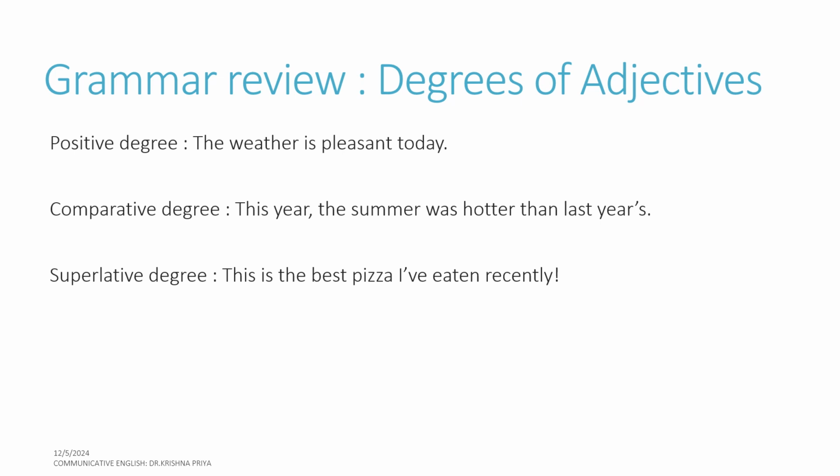A comparative degree of an adjective is when you compare something with another noun or another thing. So for example, I say, this year the summer was hotter than last year's summer. So it means this is hot, hotter, and hottest, right?